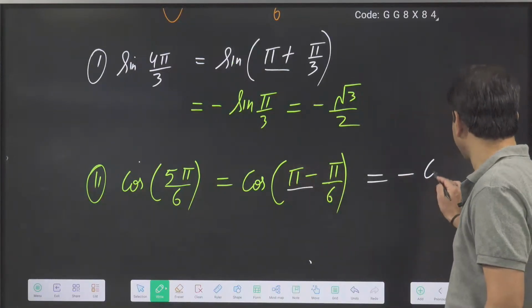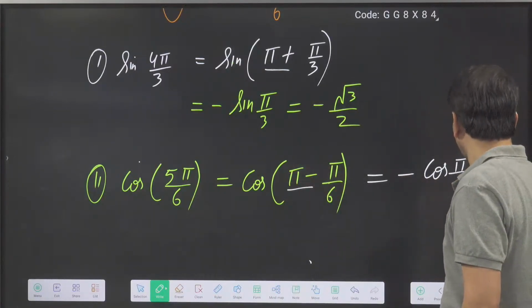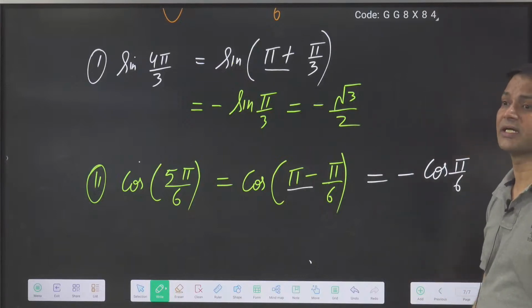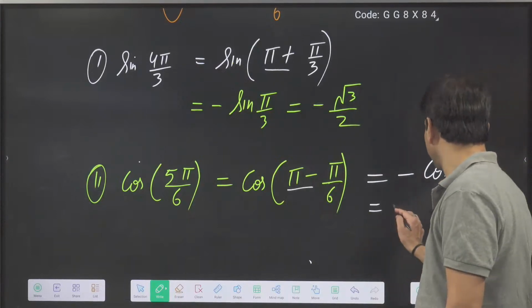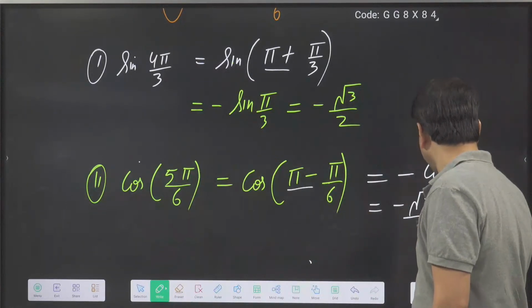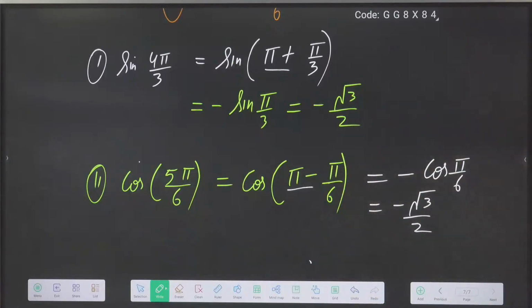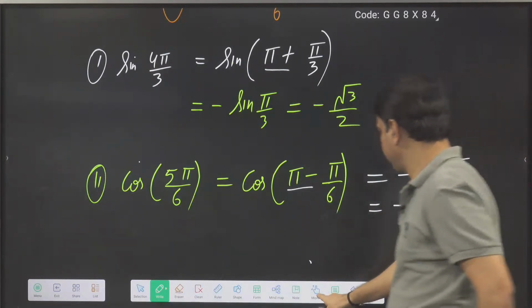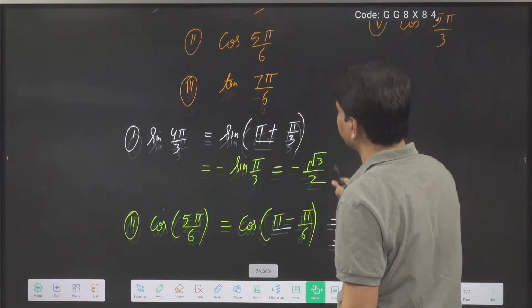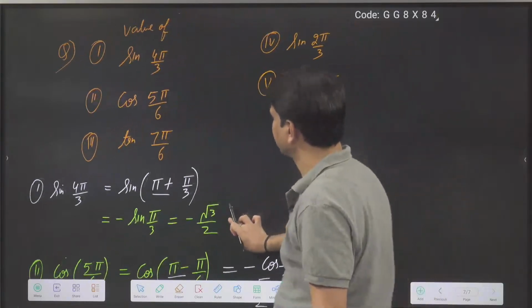Now I directly write cos of pi by 6. Cos pi by 6 is cos 30 degrees, which is root 3 by 2. So the value I got is minus root 3 by 2. Completed? Okay.